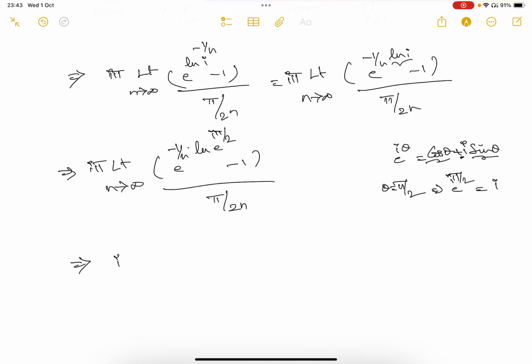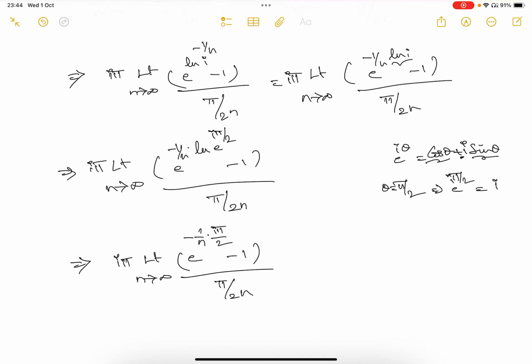So this will be i pi limit n tends to infinity. As you can see, ln a^x will be x ln a, right? Then this will be e^(-1/n times i pi/2) - 1 by pi by 2n.